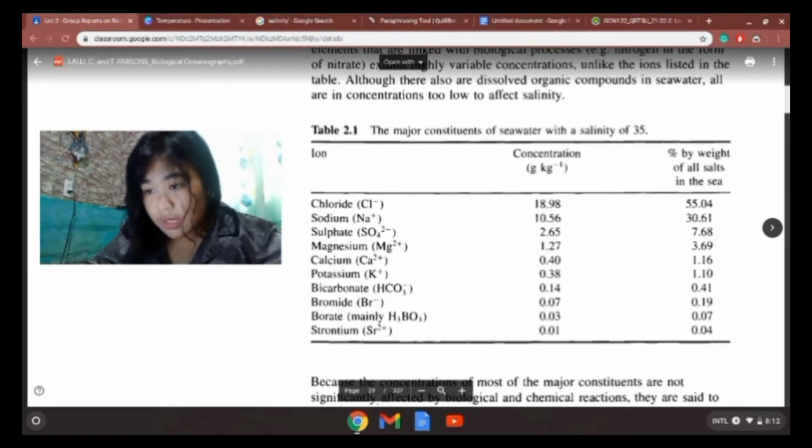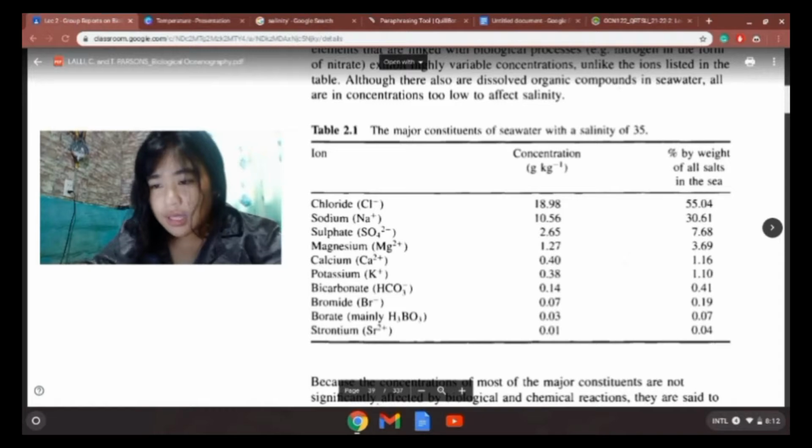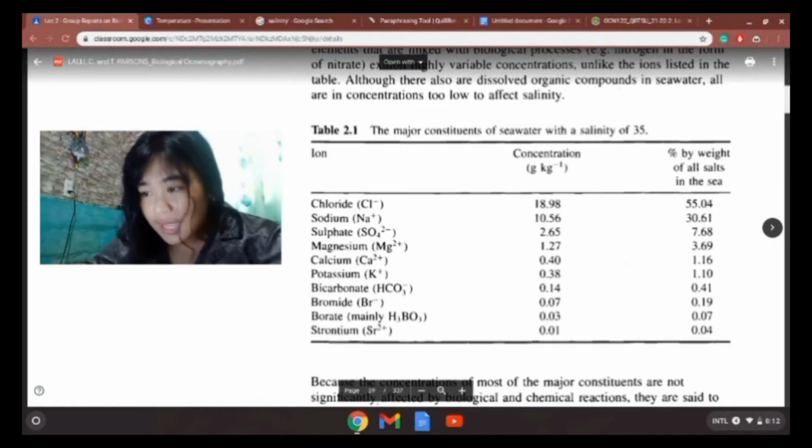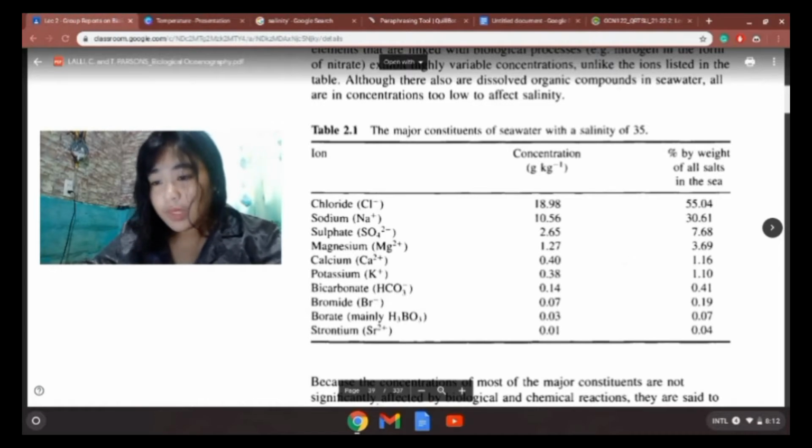Magnesium is 1.27, and by percentage of the weight it's 3.69. Calcium is 0.40, and the percent is 1.16. Potassium is 0.38, and the percent is 1.10. Bicarbonate is 0.14, the percent is 0.41.